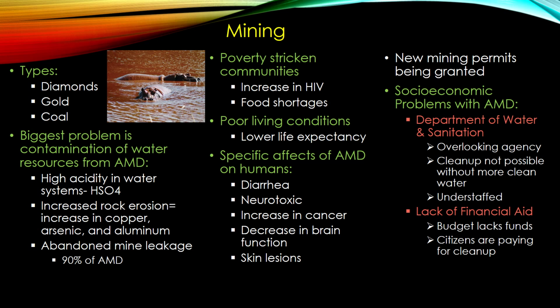Acid mine drainage has been linked to diarrhea, which is just a severe case of dehydration, and neurotoxic problems. It has been suggested that acid mine drainage exposure can increase cancer rates and decrease cognitive or brain functioning, and this can be anything from just simple memory loss or early stages of Alzheimer's, and it can possibly cause skin lesions.